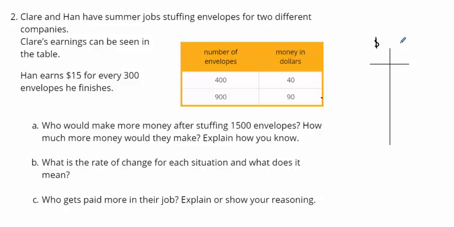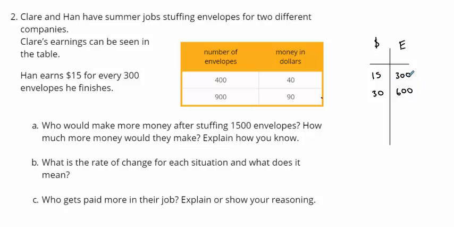Here I can have envelopes. So $15 for every 300. So if he stuffs 600 envelopes, he'll make $30, right? Because he makes $15 for every 300.